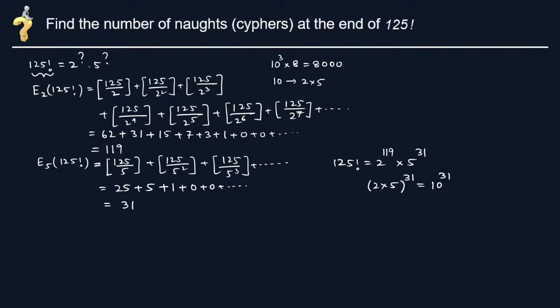Have you understood the problem? They have asked to find the number of ciphers. To know the number of ciphers, we must know the exponent of 10. But there is no chance of finding the exponent of 10 in the prime factorization of any number. So in 125 factorial, there will be no 10. So we have to forcefully bring 10. What logic have I applied? 10 is nothing but 2 into 5.